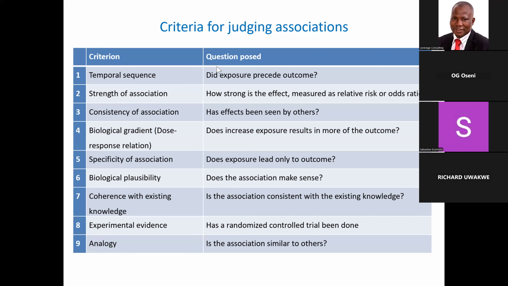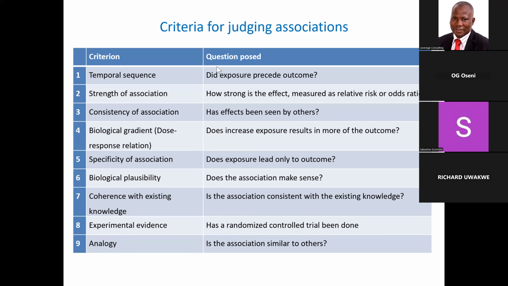If the odds ratio is 1.2, 1.3, you know that it's just 20%, 30% higher. When it is 10 now, it's 9 times greater. When it is 5, it's 4 times greater. So we are talking of a 400% increase. So that is the strength of association.